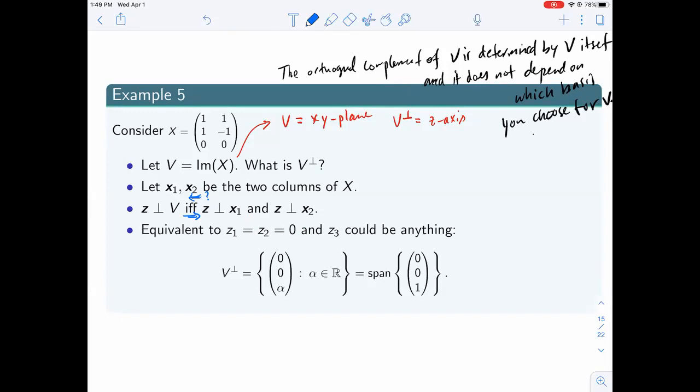In that case it's enough, but the statement that I've written is correct: z is orthogonal if and only if it's orthogonal to both. But you could write a simpler statement, yes. Thank you. Good question.